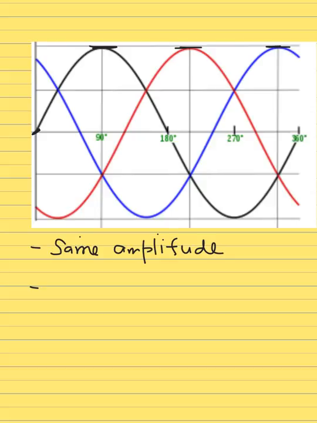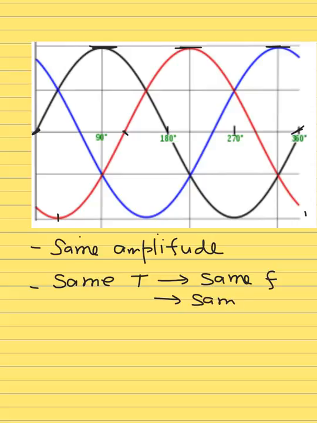So from 0 to, let's say, 360. Here you are starting that late, or you can compare any other points, like you can compare this point and you will see that's completed in 360 degrees as well. So same time period T leads to same frequency F, or you can say same omega as well, because omega is 2 pi f.